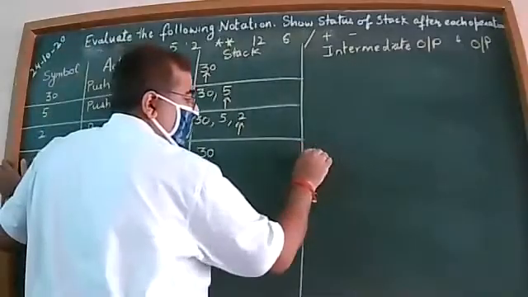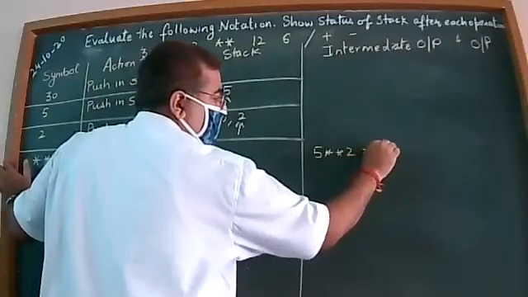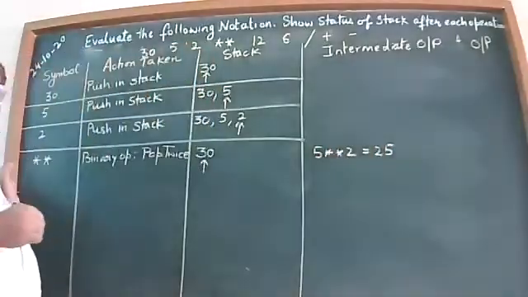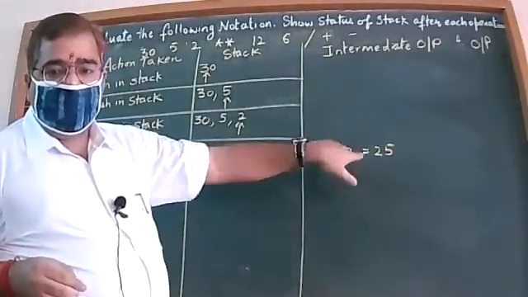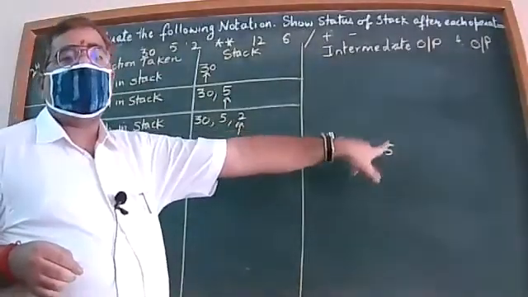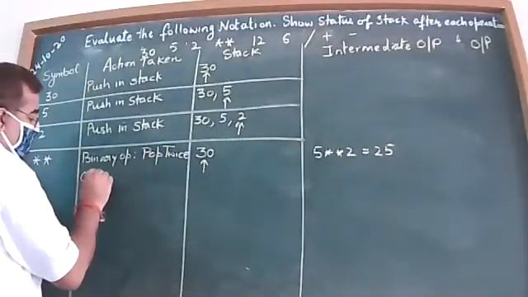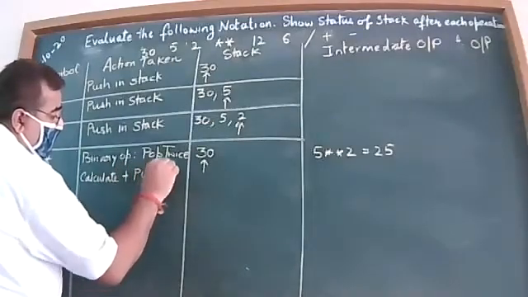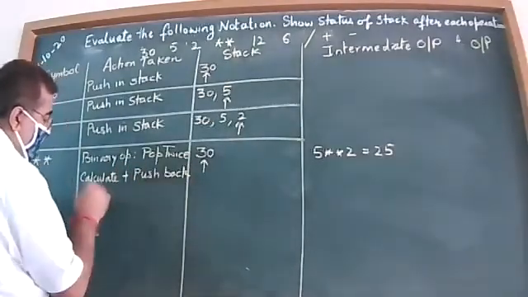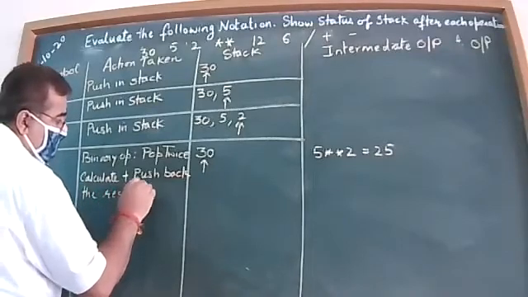And here I write 5 power 2. It comes out to 25. 5 raised to power 2, 5 into 5, that is 25. Calculate and push back the result.